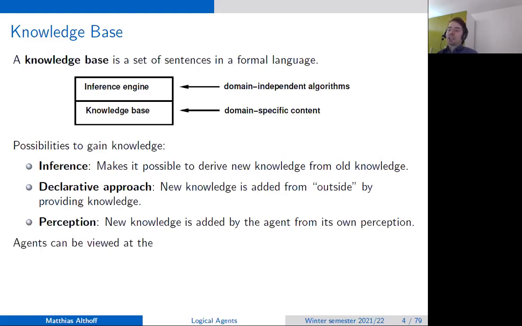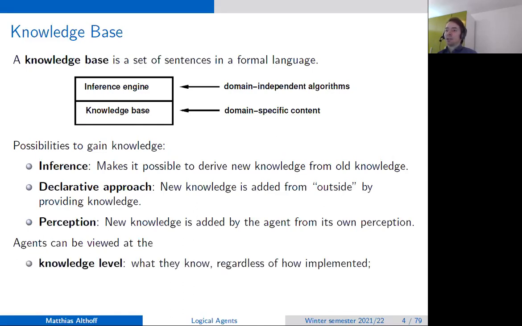And these knowledge-based agents can be viewed in two different forms. One is at the knowledge level, where you just look at what they know, regardless of how it's implemented. So for instance, if you want to say the kitchen has 5 cupboards and there are 20 knives in the kitchen, then you can implement this in C++, in Python, or you can have an SQL database.